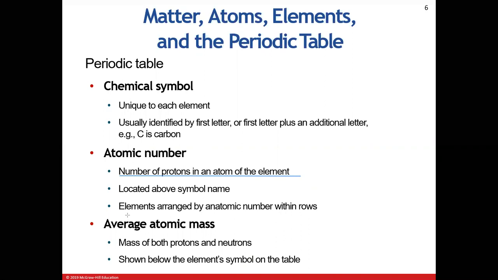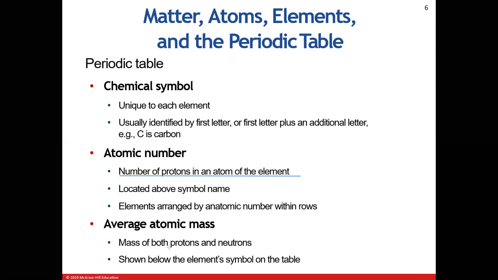The elements are arranged by atomic number within the rows, so as we move further down the periodic table, we're just following those atomic numbers, which is basically the number of protons in the atom of that element.